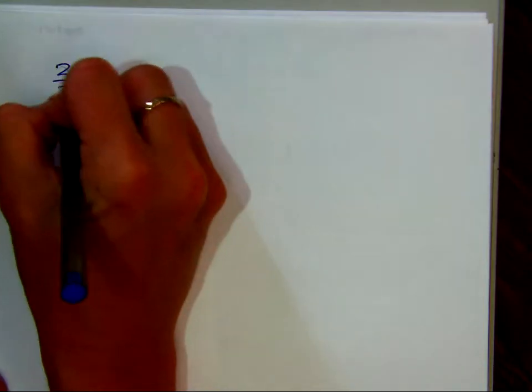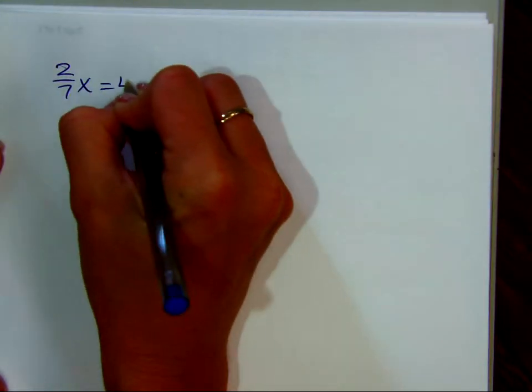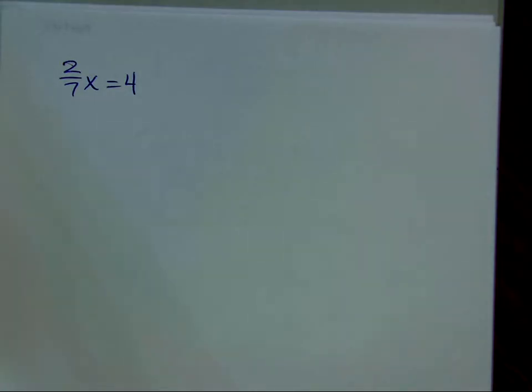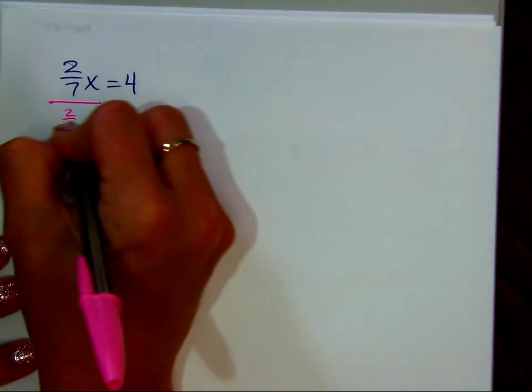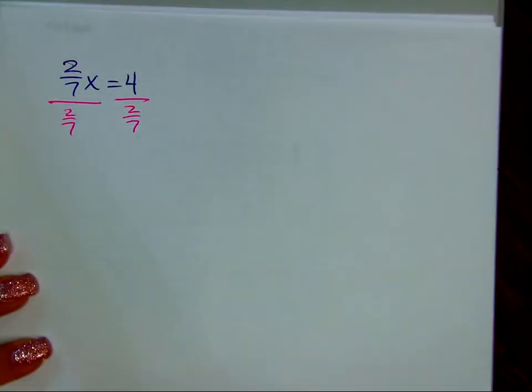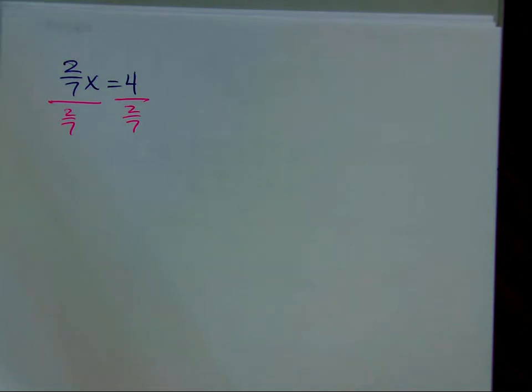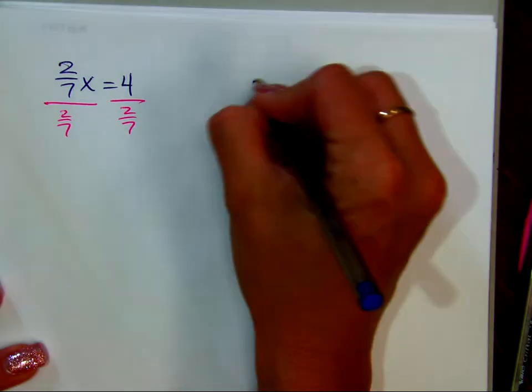Okay, so let's talk now about what happens if you were to see, moving on to page 2, a fraction as a coefficient. So, for example, if I had 2/7 x equals 4, okay? Normally we would solve a multiplication equation with division.